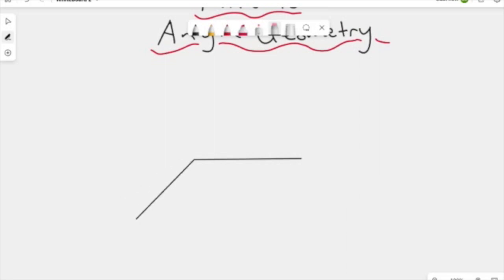If I keep going this way, our size here increases way more, doesn't it? And I can keep going, and this is going to increase all the way back to my starting point.